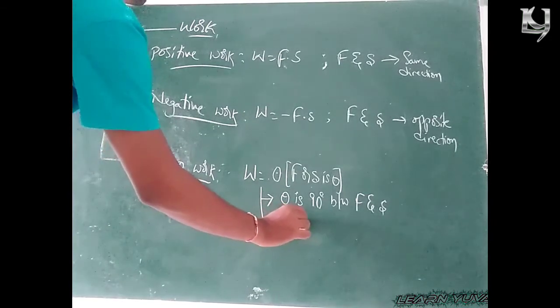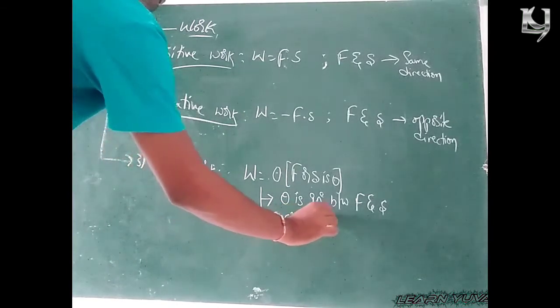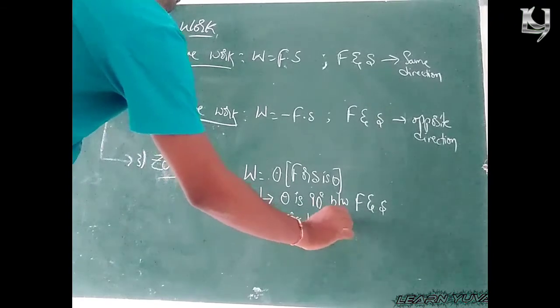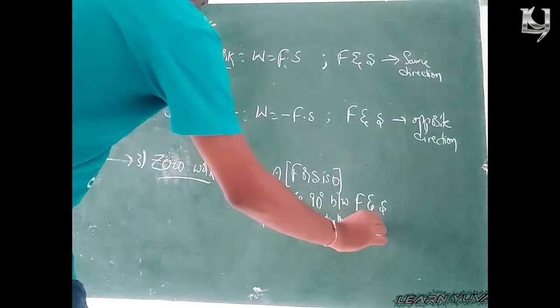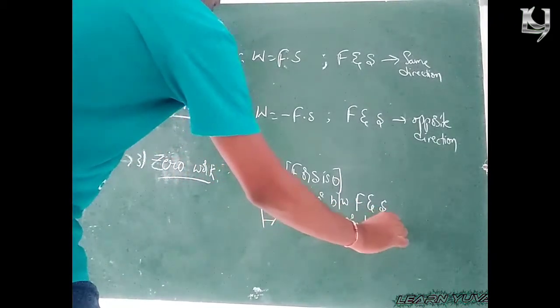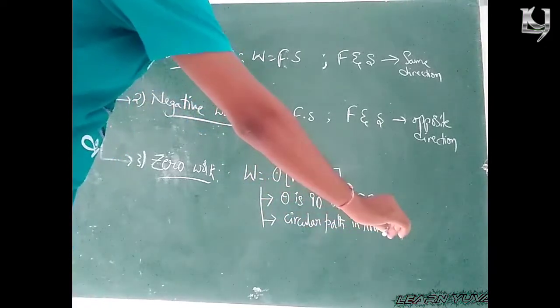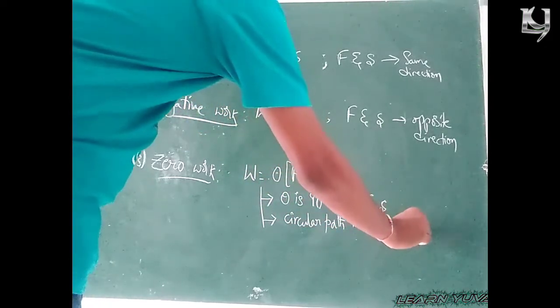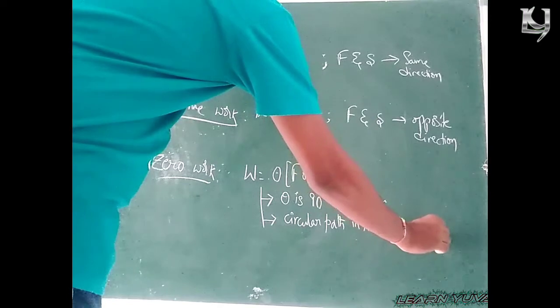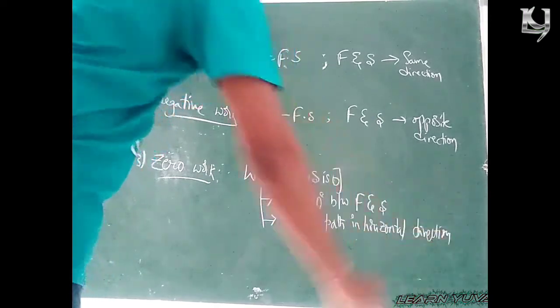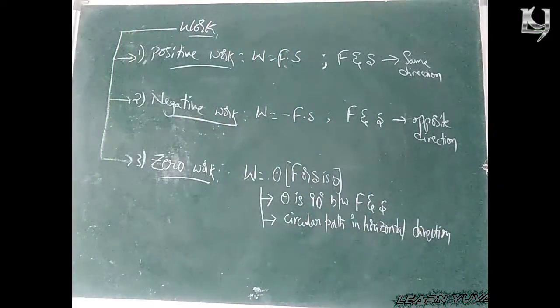Circular path in the horizontal direction of a body, then the work done is 0.